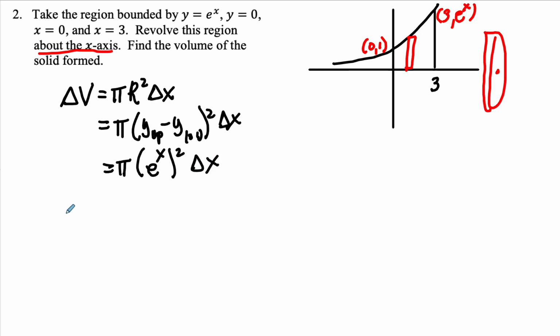Okay, and now we can set up our volume. And all of these little discs are going to go from x equal to 0 to x equal to 3. And we have pi e to the, and if you want to simplify, e to the 2x, and then dx. And then here's the setup for our volume.